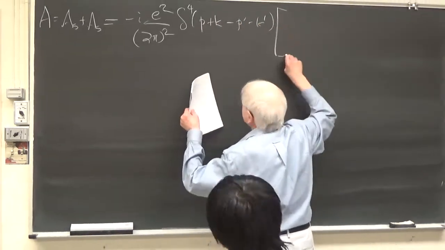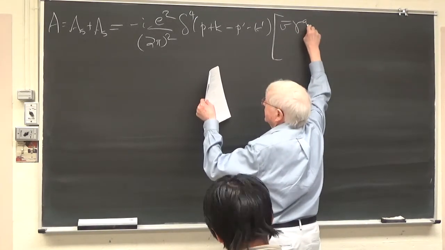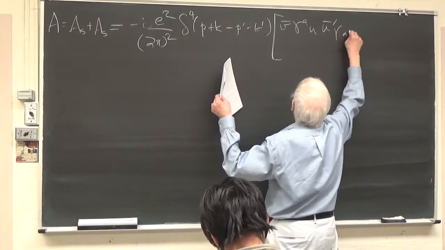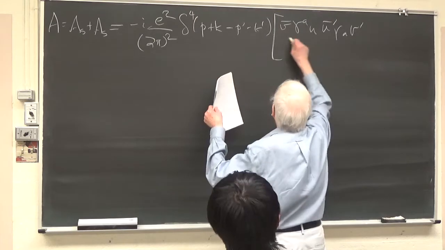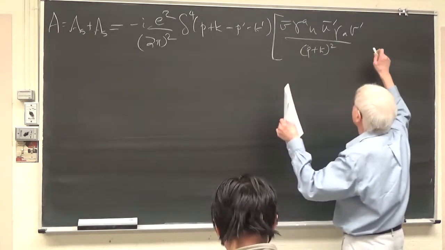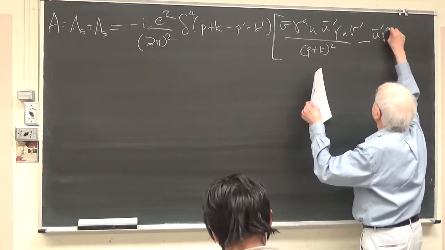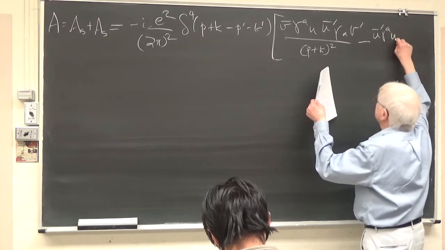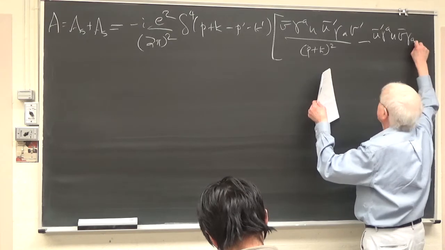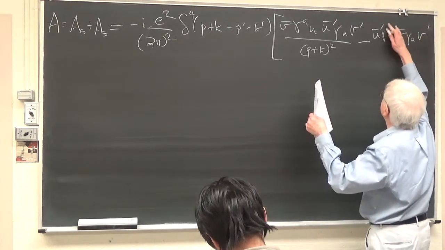And then putting the terms together, we get v̄ γ^A, ū′ γ^A, v′, over (P plus K) squared, minus ū′ γ^A u, v̄ γ^A v′, and let's be a little more careful.